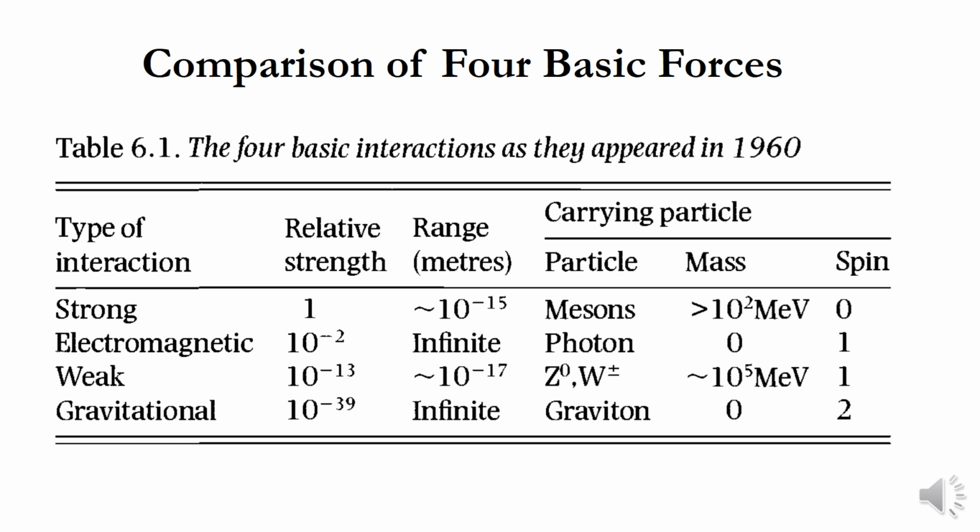Now we can compare the four basic forces or basic interactions. In terms of relative strength, you can see that the strong force is the strongest one. Compared to this, the electromagnetic force has only a strength of 1 by 100th, and the weak force is so weak that it has only a strength of 1 by 10 raised to 13, and the gravitational force is the weakest and feeblest one, which has a relative strength of 1 by 10 raised to minus 39 compared to the strong force.